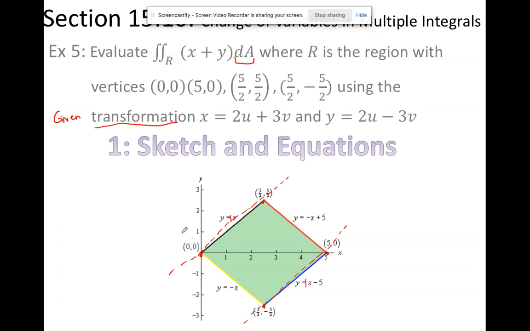And then I have a second set of parallel equations whose slope is negative 1. And again, I just used the point slope form of a line to write those equations. So I have 2 sets of equations, and I am looking for that pattern where I have 2 sets of parallel lines.